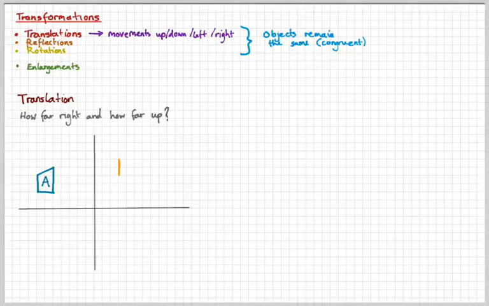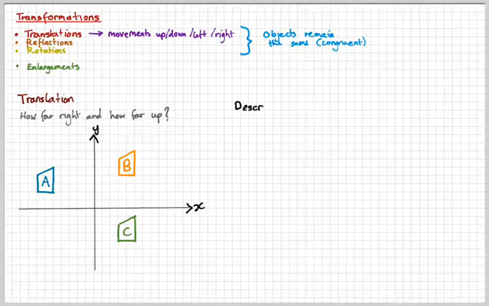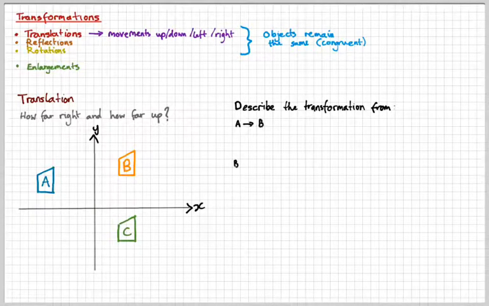Let's call this shape A, and this shape B, this shape C. Notice how, because these were all generated by translations, the shapes remain the same size, they're all congruent, and with translations the orientation doesn't change, so they haven't been rotated or reflected. Okay, so in this exercise, or this video, we're going to describe the transformations from A to B, B to A, and B to C.